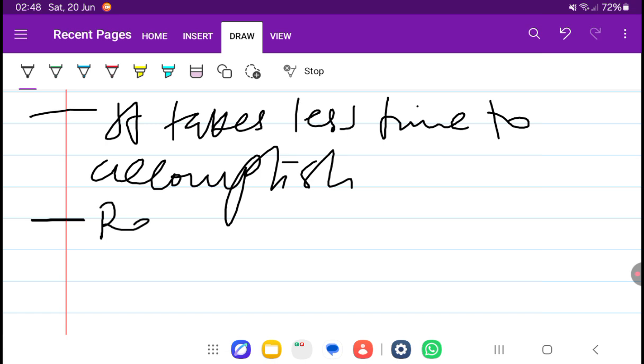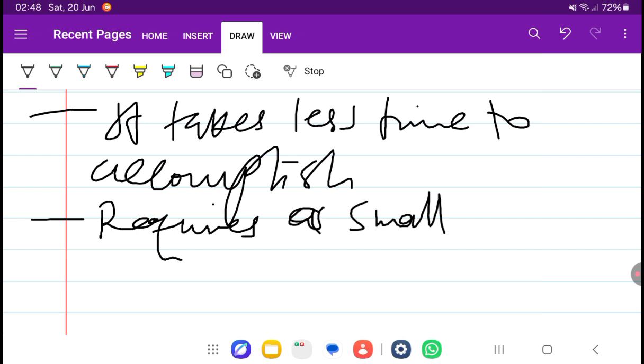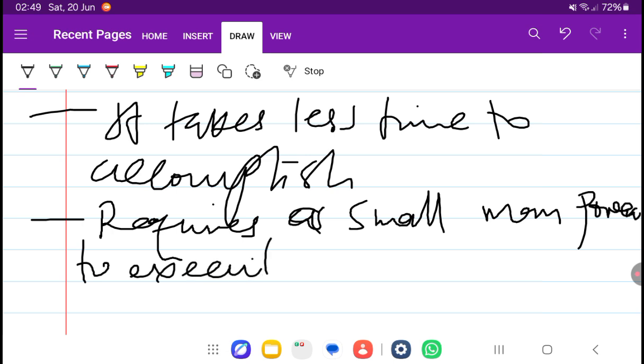It also requires a small manpower or labor to execute, meaning it's cheap.